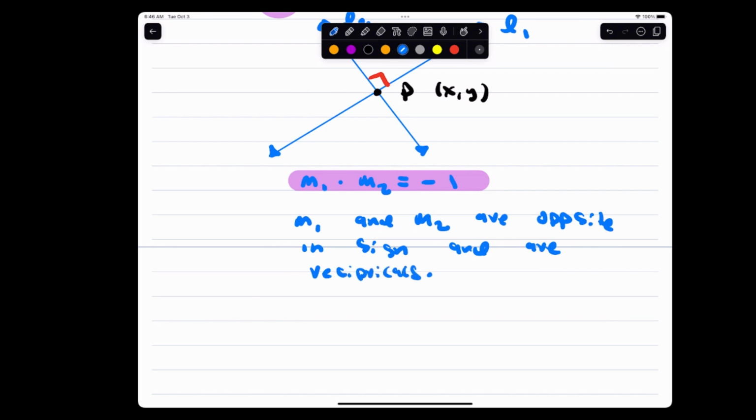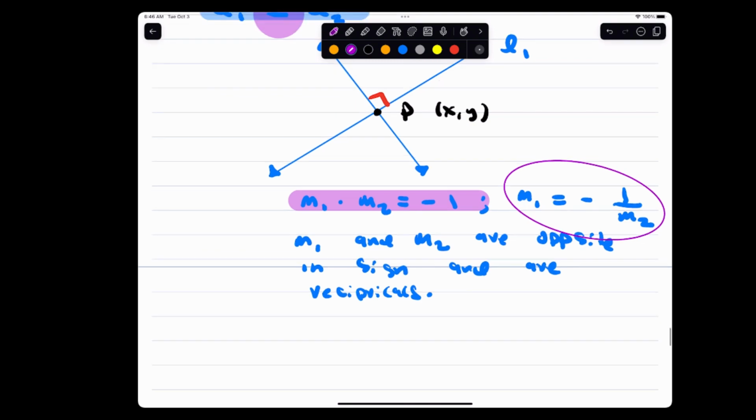So you're opposite and reciprocal. Because if you solve for m1, you get minus 1 over m2. So you're opposite in sign, reciprocal in value.